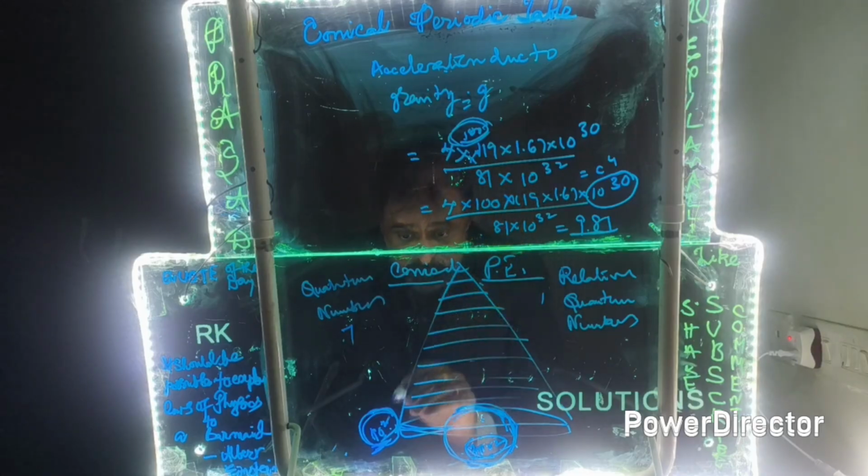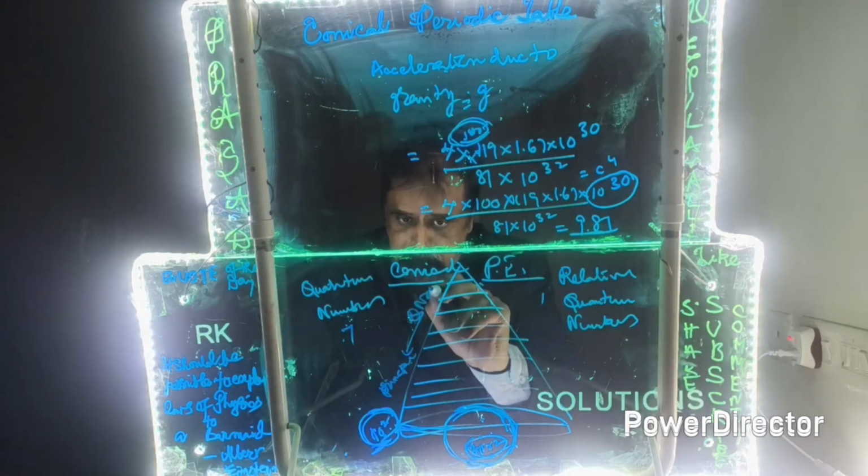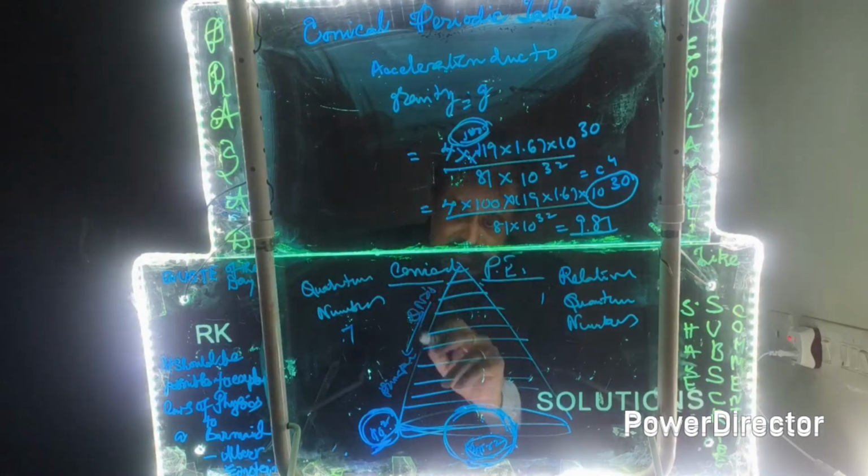But here, if you divide this like this, these are the principal quantum numbers. If you take these as the principal quantum numbers, the 10th quantum number will automatically give you this.